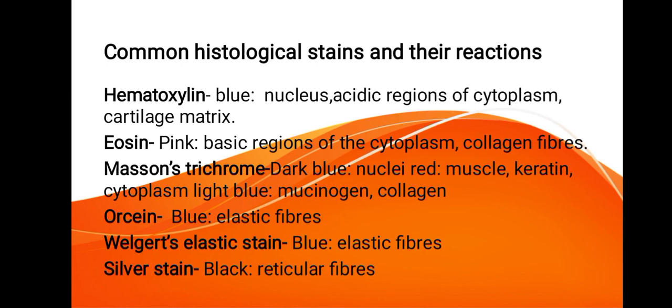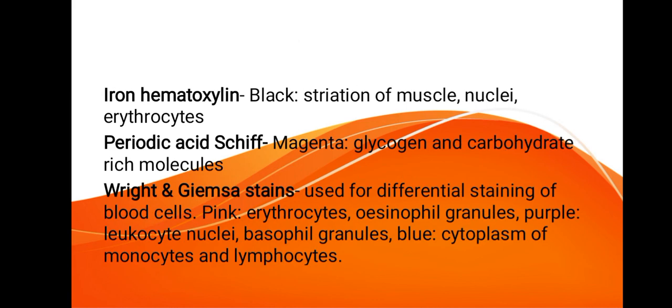We have Weigert's elastic stain that forms blue in elastic fibers. We have silver stain, where you'll see a black color where there are reticular fibers. We have iron hematoxylin, black color where there are striations of muscles, nuclei, erythrocytes. We have periodic acid Schiff. You'll see magenta color with glycogen and carbohydrate rich molecules.